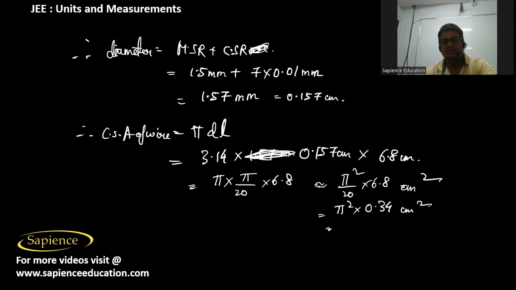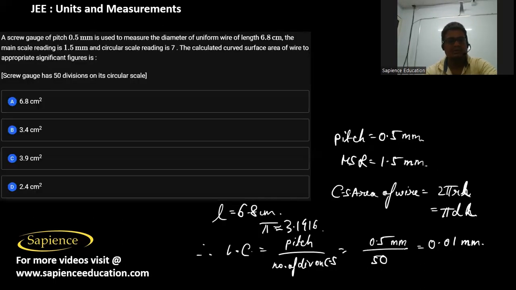So pi square is approximately 10, since pi square value is approximately 9.86. So 10 into 6.8 divided by 20 gives 3.4 centimeter square. So option B is the correct answer.